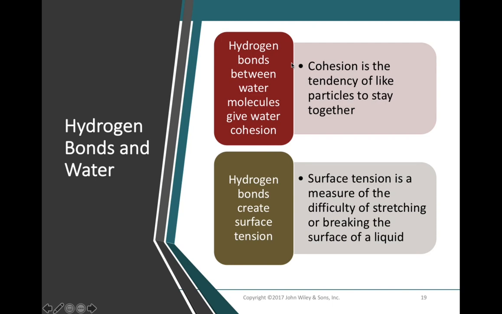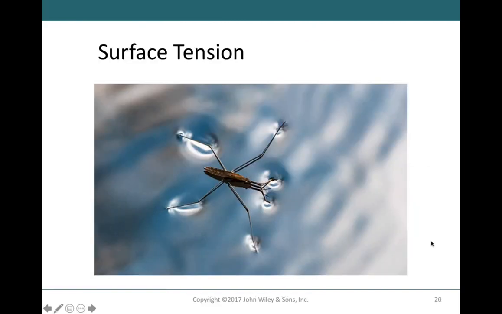Because hydrogen bonds give us this cohesion, this also sets up the stage for what is known as surface tension. Surface tension, you can see explained here, refers to how difficult it is to break the surface of a liquid. I've posted this picture here to show you surface tension, because you can see that this mosquito is able to stand on this liquid substance.